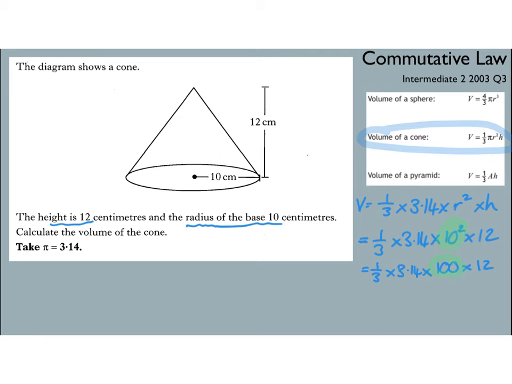Okay, so that bit's there. Right, the nasty bit, the fraction. What can I find 1/3 of? 1/3 of 3.14? Nope. 1/3 of 100? Nope, 100 is not in the 3 times table. 1/3 of 12, yes. I can do that bit. 1/3 of 12 is 4.